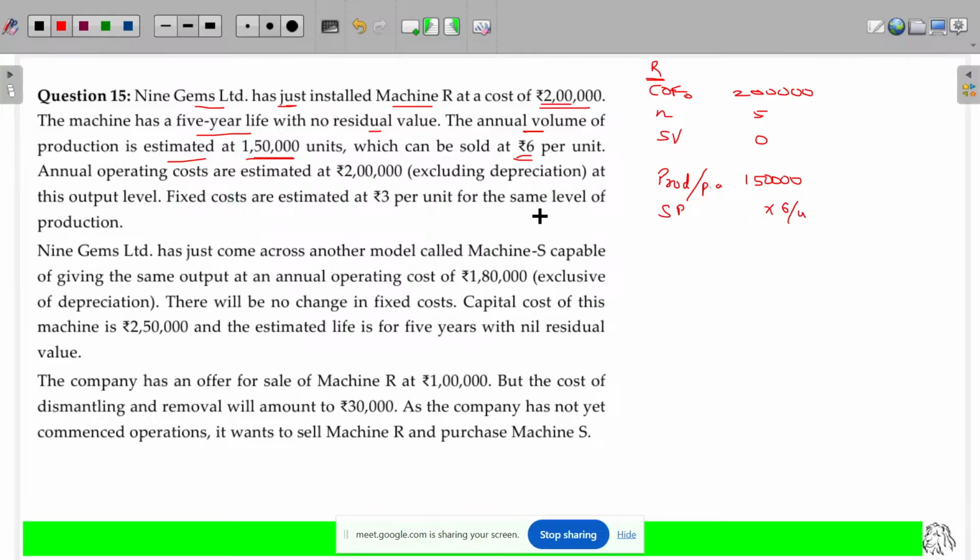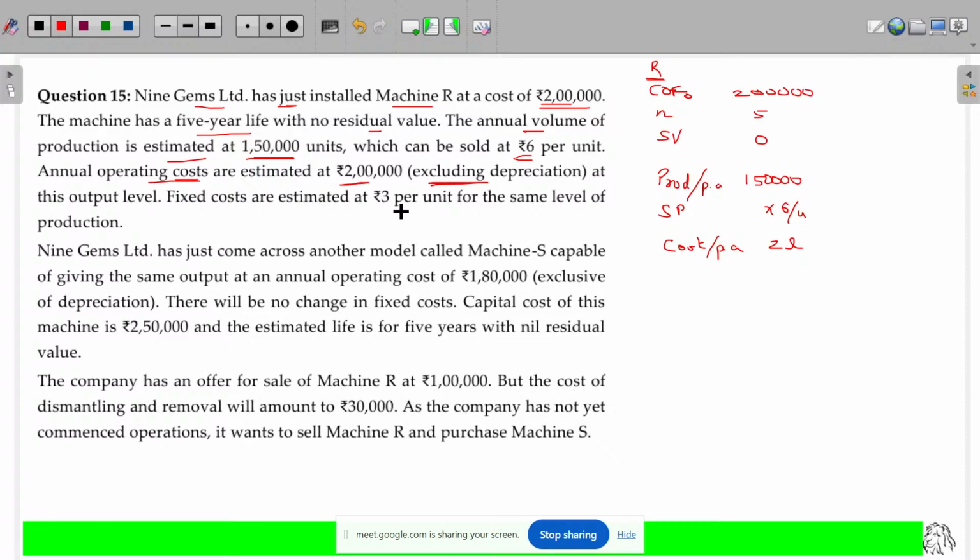That is the selling price. Annual operating cost is estimated at 2 lakhs per annum. We have not included the depreciation here. At this output level, for the production of 1.5 lakhs units, you will spend 2 lakhs rupees.